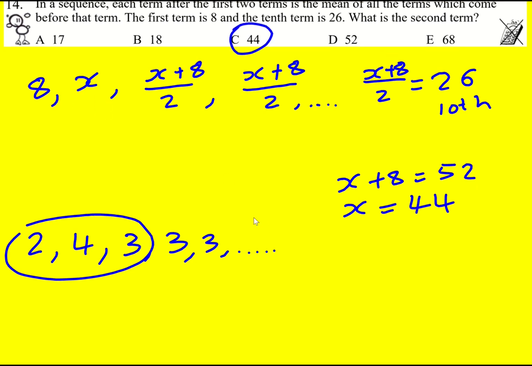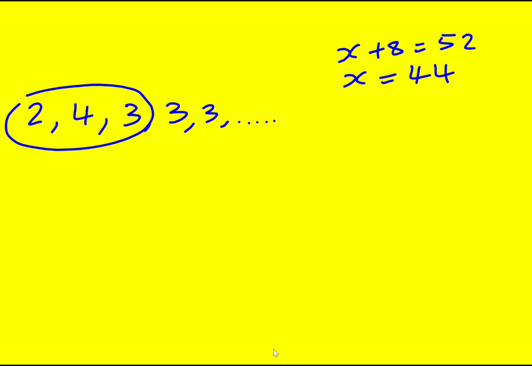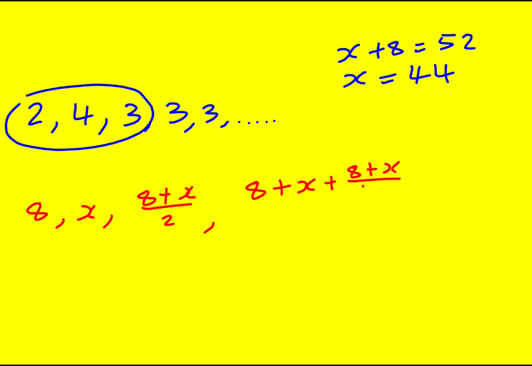Now, if you don't spot that, you can still get there by using a longer route. So we've got 8 and then x, and then (8 + x)/2. For this next term, we need to add 8 + x and (8 + x)/2, and then divide by 3.